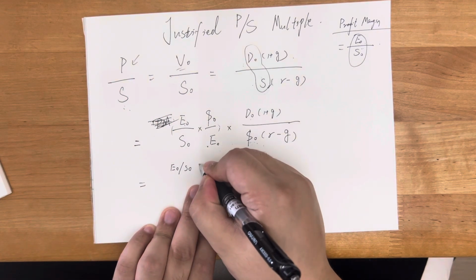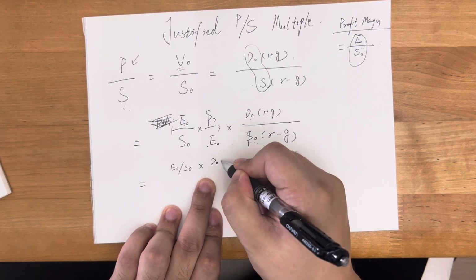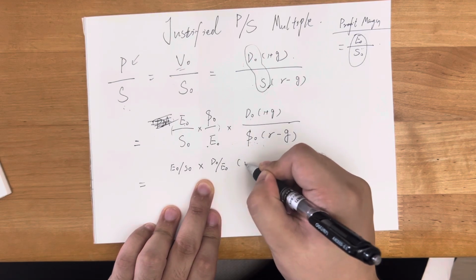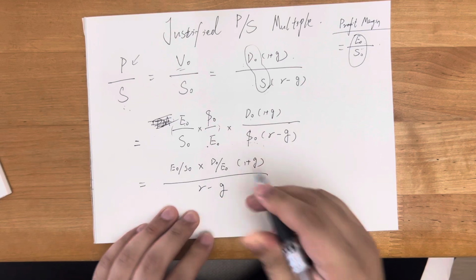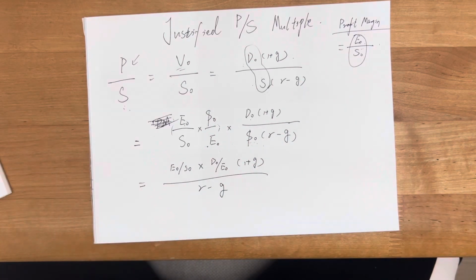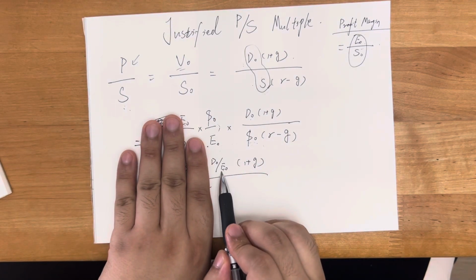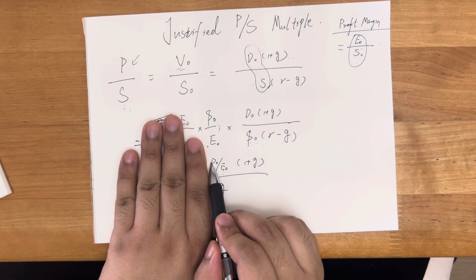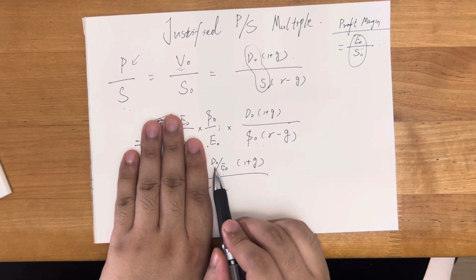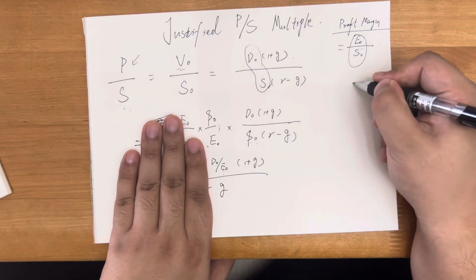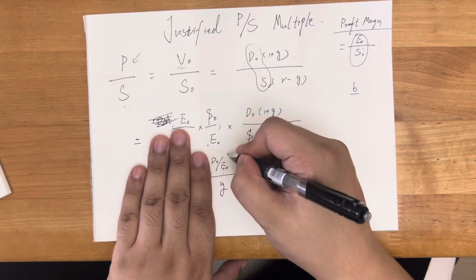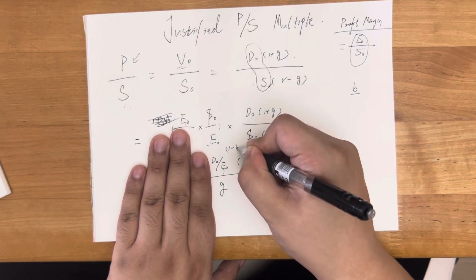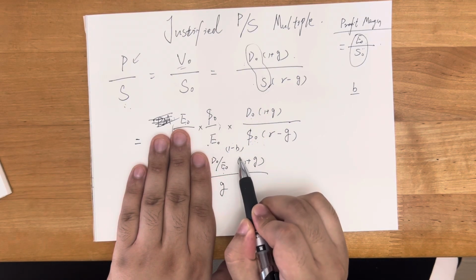So let's multiply D0 over E0 by (1 plus g) over (r minus g). Think about this: dividend over earnings is the payout ratio. If you have a retention ratio of b, you can write this as 1 minus b, so that's the payout ratio.